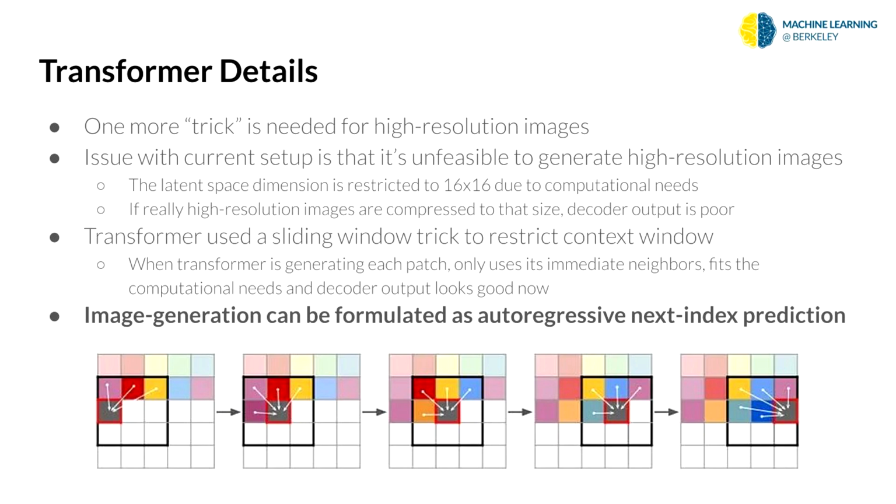By the end of all of this, after training the transformer, image generation can be formulated as autoregressive next index prediction. So what does that mean?